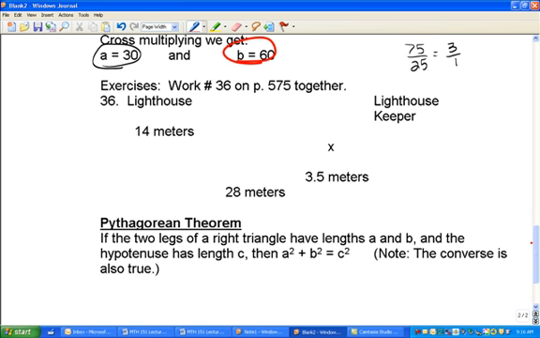Okay, let's do number 36. This is an application problem dealing with similar triangles. The Santa Cruz Lighthouse is 14 meters tall and casts a shadow 28 meters long. Okay, let me turn to my picture. All right, so here's our lighthouse.